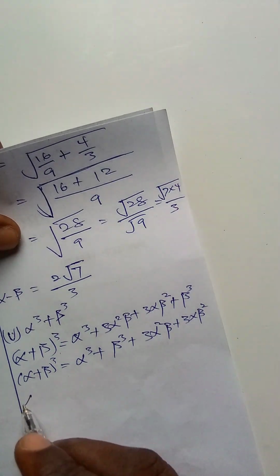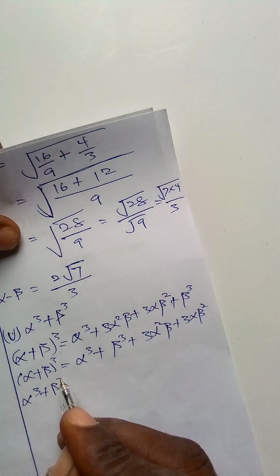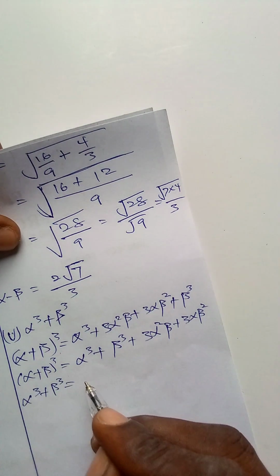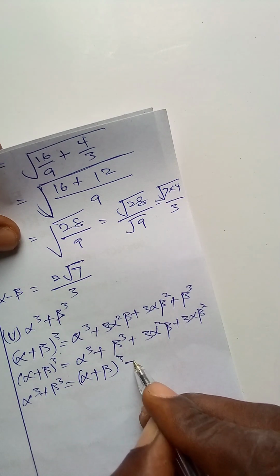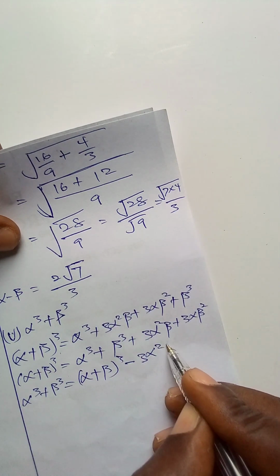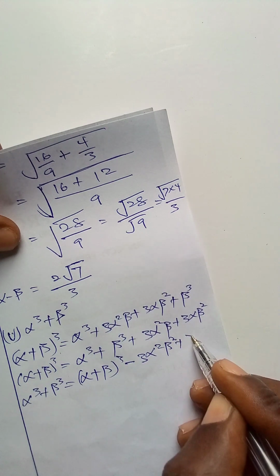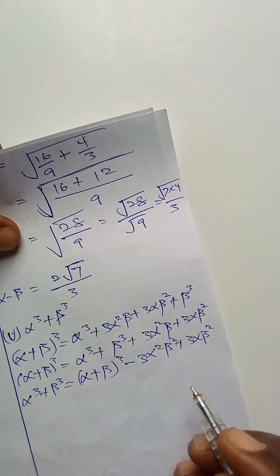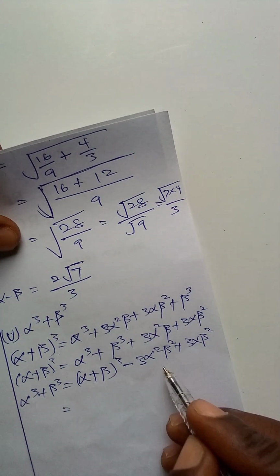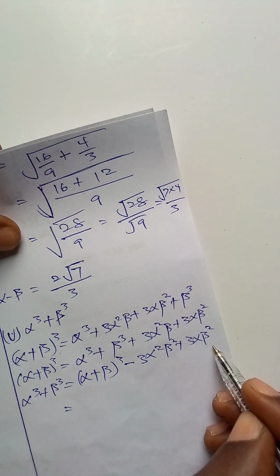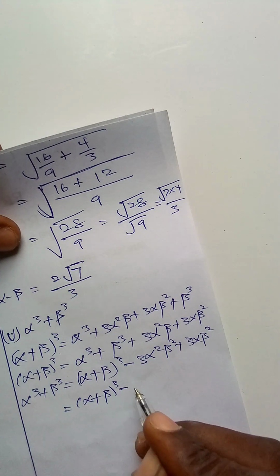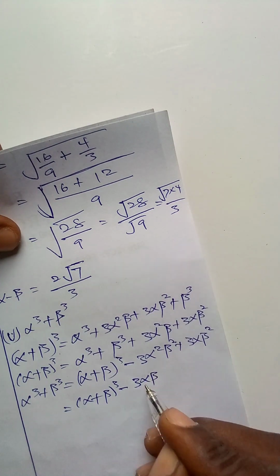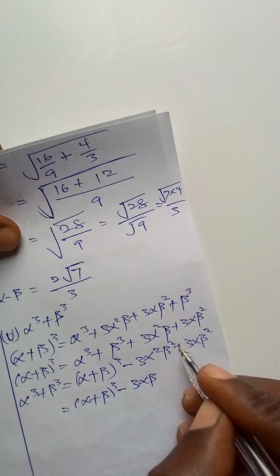That becomes alpha cube plus beta cube will now be, we have alpha plus beta all cubed minus 3 alpha squared beta plus 3 alpha beta squared. We need to factorize something out. We can factorize alpha beta here. So alpha plus beta all cubed minus 3 alpha beta, that's the common factor.